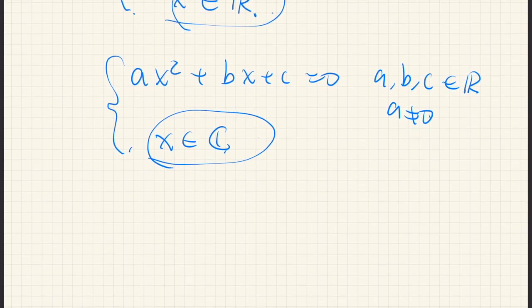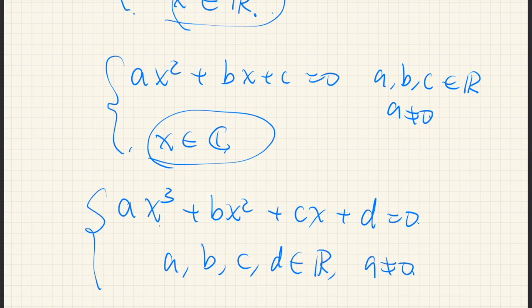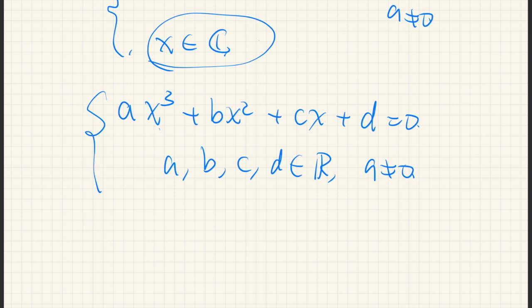Okay. Now, what about the cubic equation? So ax cubed plus bx squared plus cx plus d equal to 0, and the coefficients a, b, c, d are real, and a is non-zero. Then does the solution always exist in complex numbers?